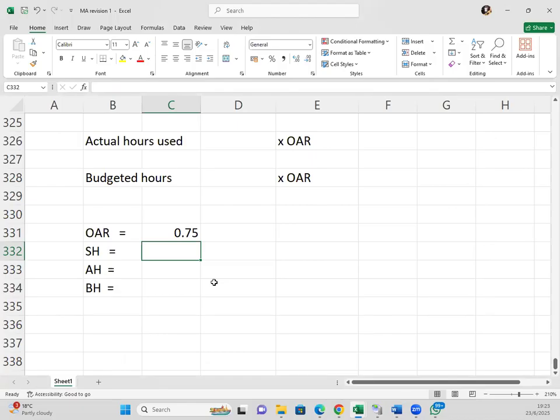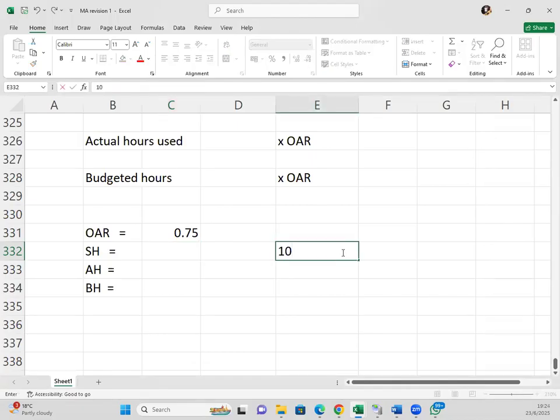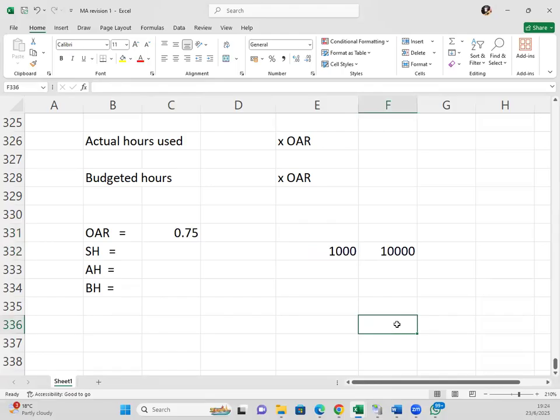If you had budgeted for 1,000 units, you are going to use 10,000 hours. What was your plan per unit? In those 10,000 hours, you produce 1,000 units. What was the budgeted plan per unit?